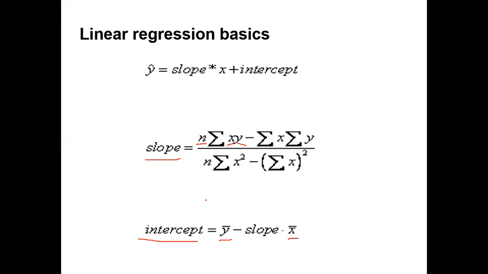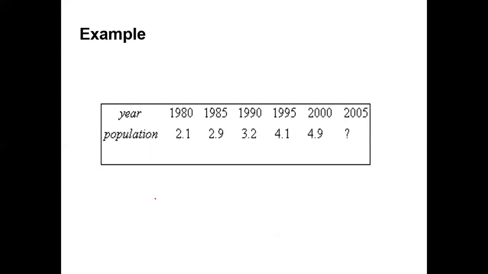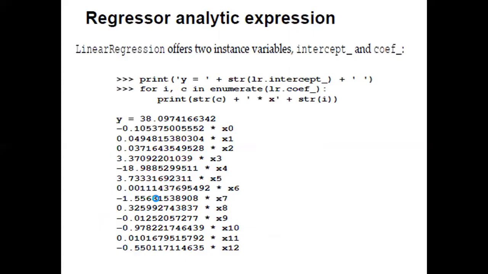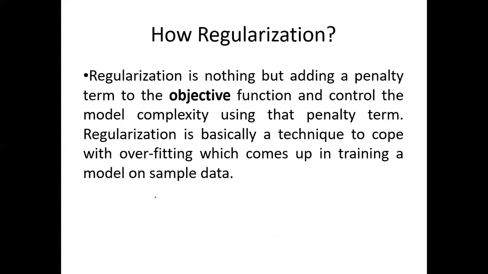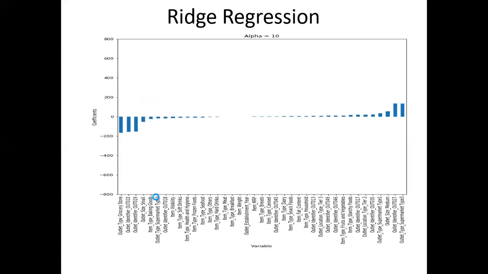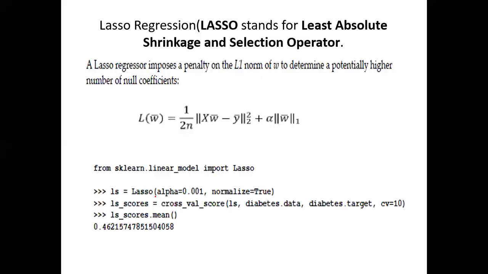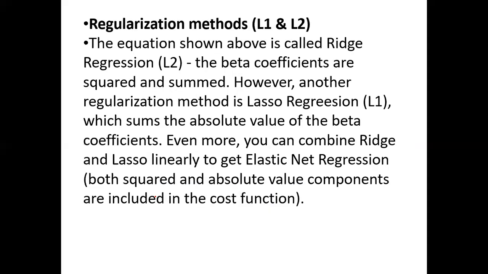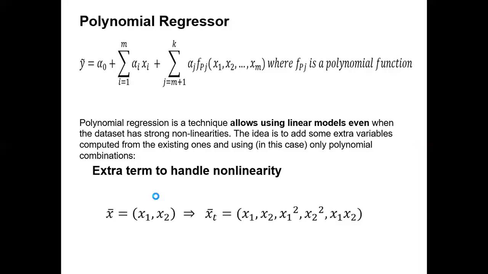By putting these values, you can calculate slope and intercept. We already used this formula for the given data set, the person's height data set.